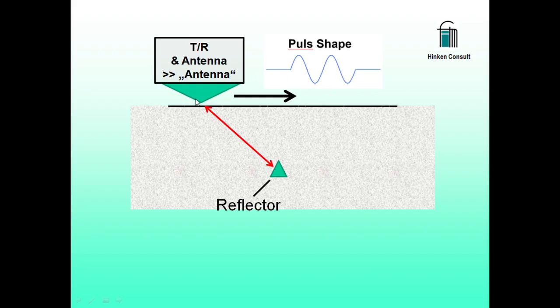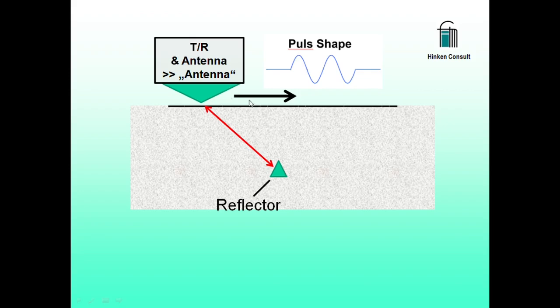A part of this radiated pulse hits a reflector and then is returned to the antenna and received by the receiver. Then the time between the transmit and the receiving of the pulse is measured, and that is called the two-way travel time. And this time varies when the antenna is moved over the ground.